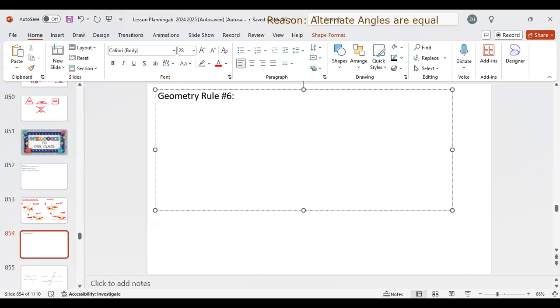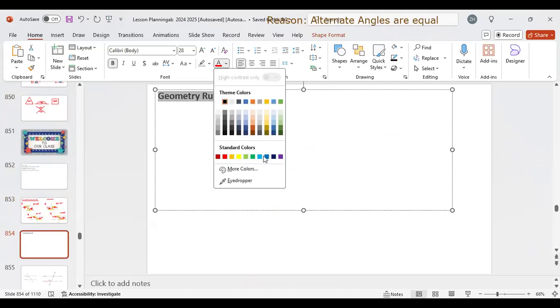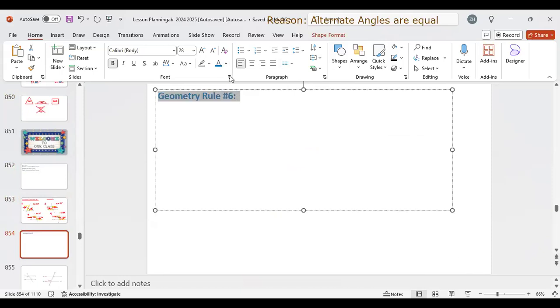So we're at 6 now. No, we're on 5. Yesterday was number 6. We did alternate angles, so we are on rule number 7. All right, no problem.